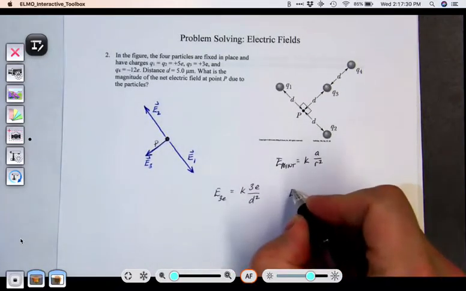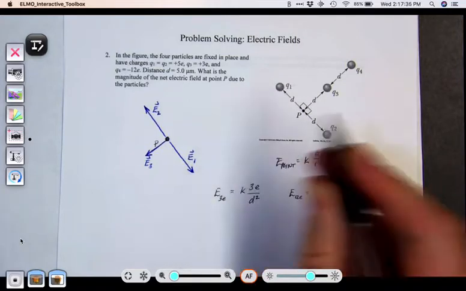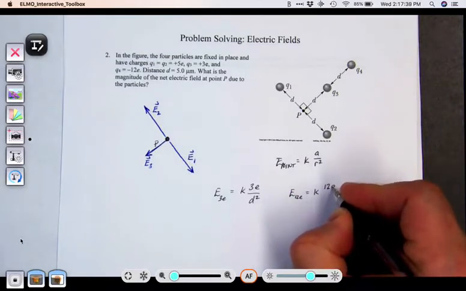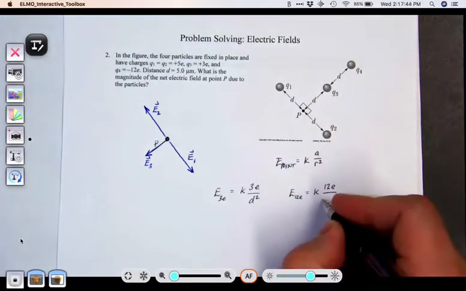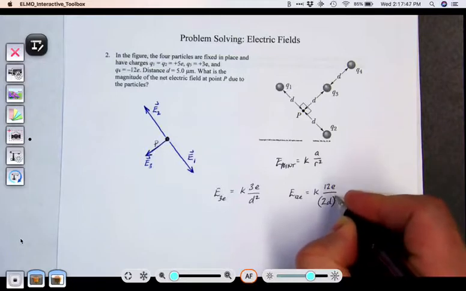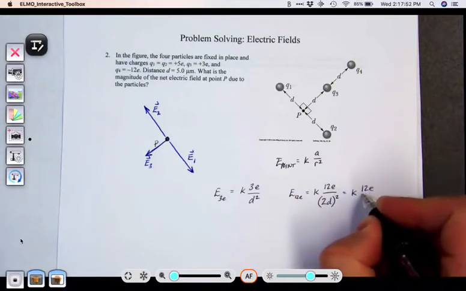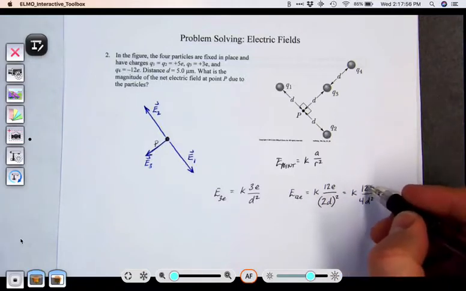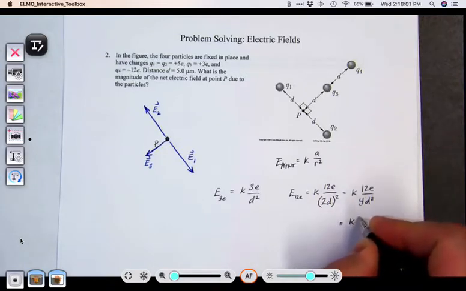The electric field from the 12e charge, just magnitude, I'm not worried about direction, I've already taken care of that by thinking about the situation, is K times 12e, and now it's a distance of 2d away from point P, so 2d squared. That works out to be K times 12e over 4d squared. And notice something interesting. 12 over 4 here can be rewritten as K times 3e over d squared.